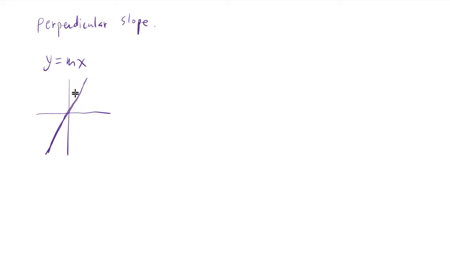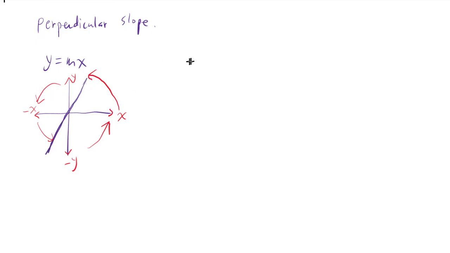What I want to do with this is think about this being x, this being y, this side being the negative of x, and this side being the negative of y. My plan is to build another line that's perpendicular to this by rotating these axes. If I rotate this 90 degrees, then the entire graph will rotate, giving you this. This will also rotate, and it will become this one, right?